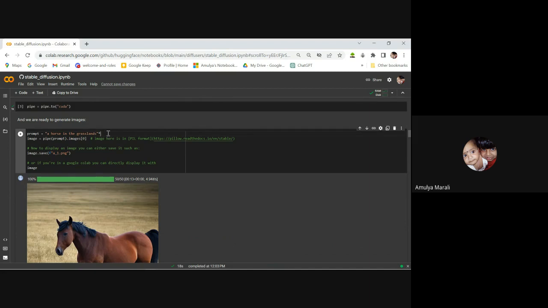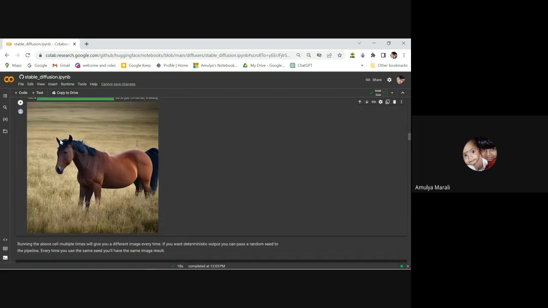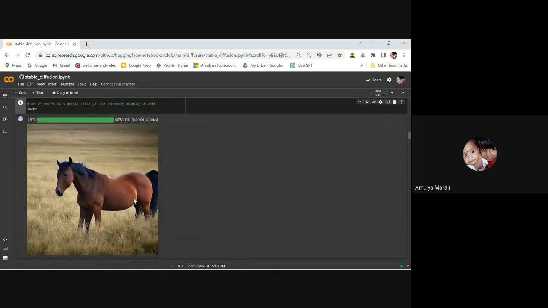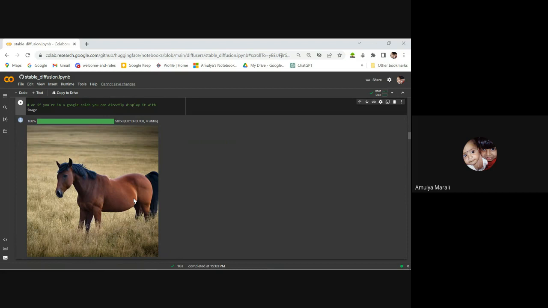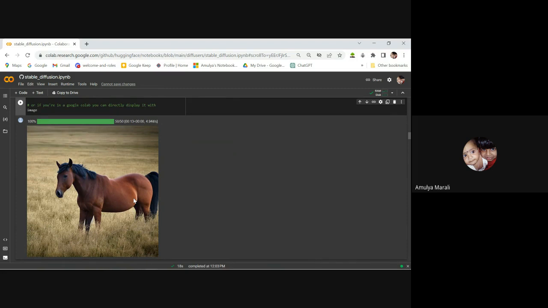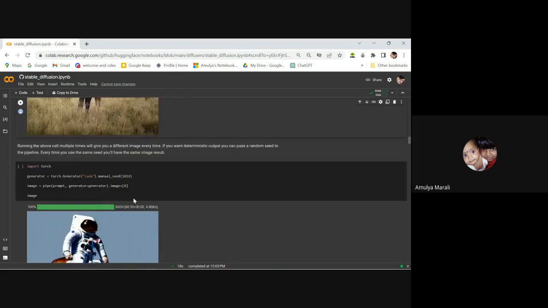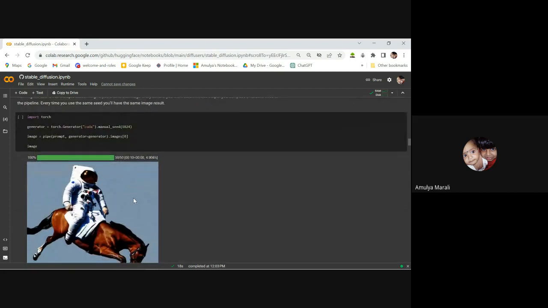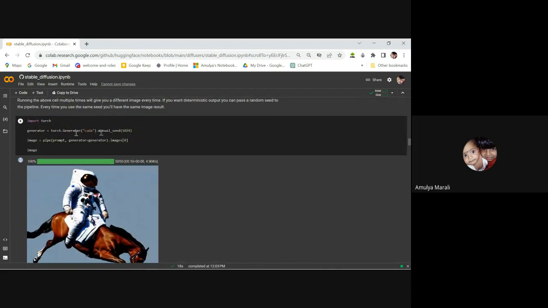I'll eventually show that. So now you can see that a horse in the grassland has been generated, and let's talk about the resolution and all of that eventually in the coming codes. Now this is an image, so it just literally feels good to have something being produced. And then coming to this, yeah, exactly. So now you have a manual seed here.